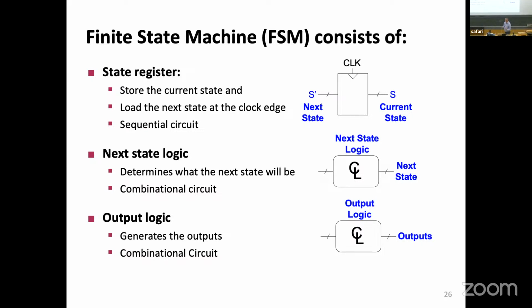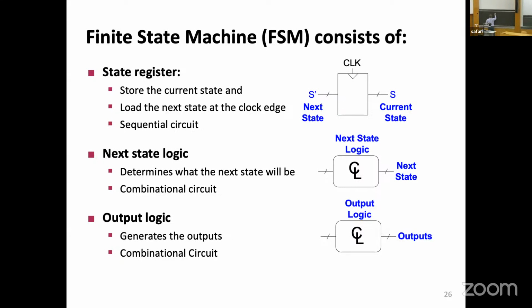So finite state machines can be really, really easy, or they can make your life hell. The trick for making things easy is the following: you have to realize that every finite state machine has 3 parts. I will write them down here.